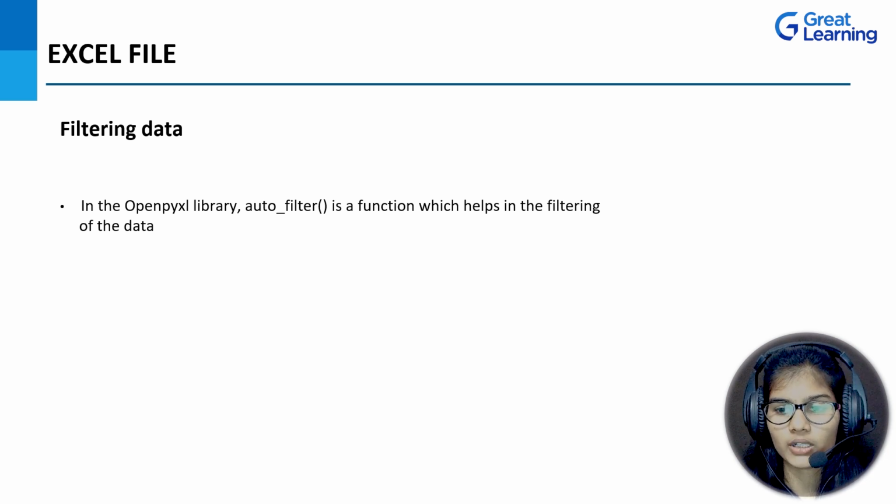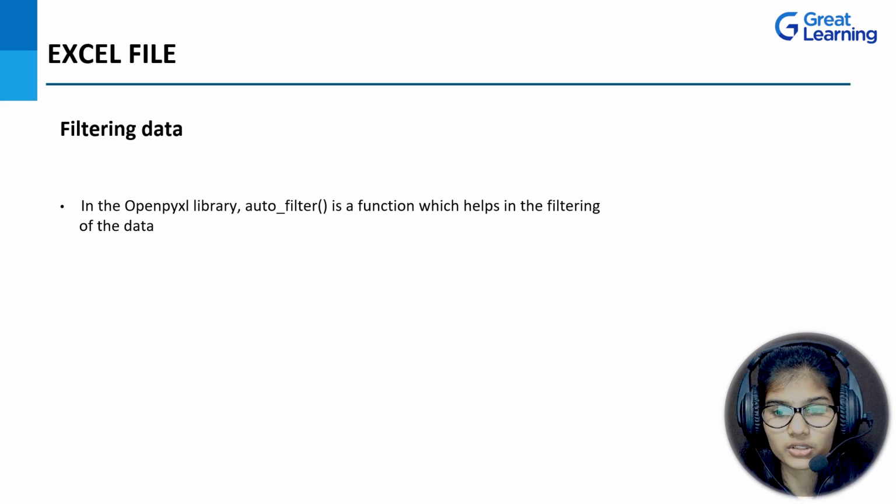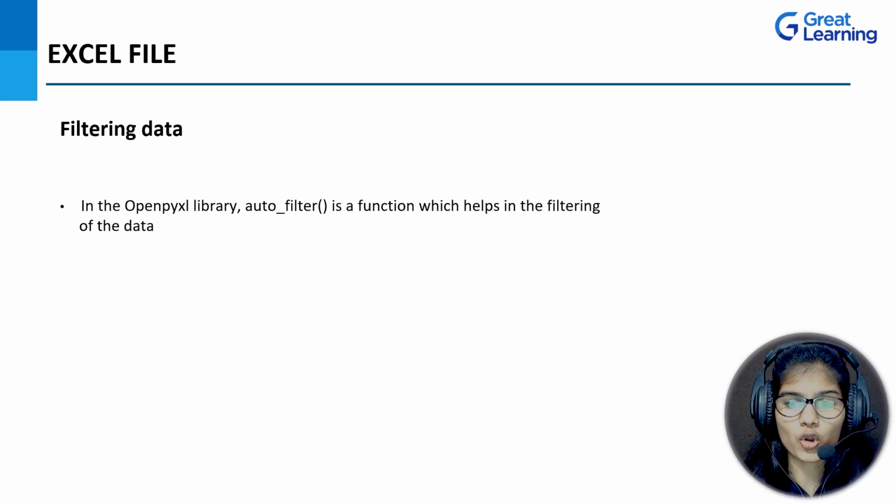The conditions are given by you, whether you want to filter in this way or that way, and according to those, the auto_filter function will filter the data and give you the resulting output. I hope I'm clear on how filtering takes place.